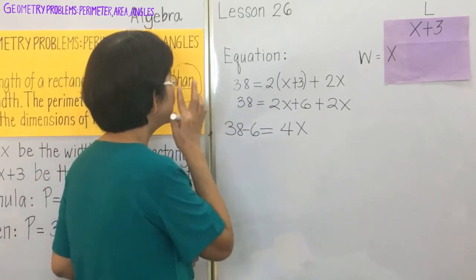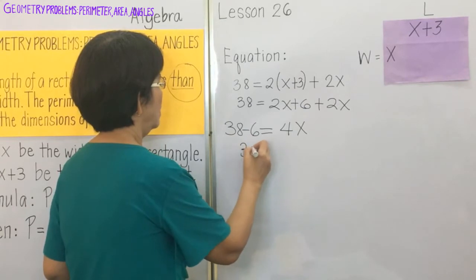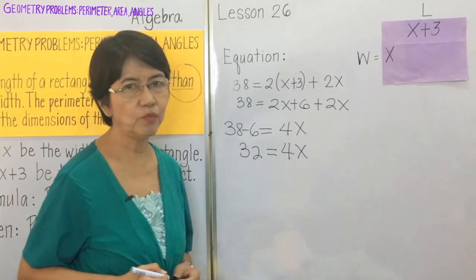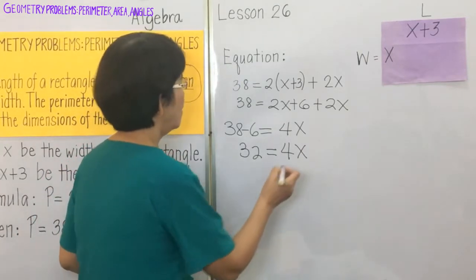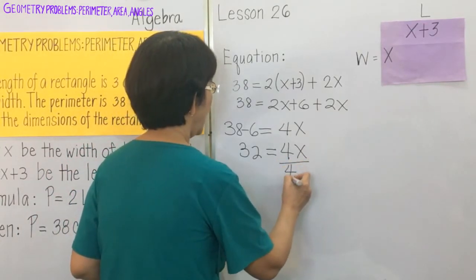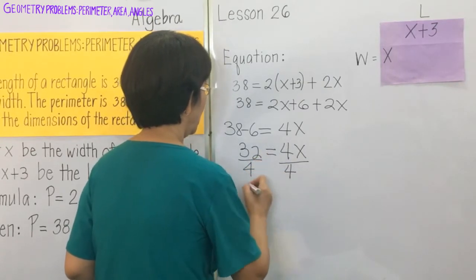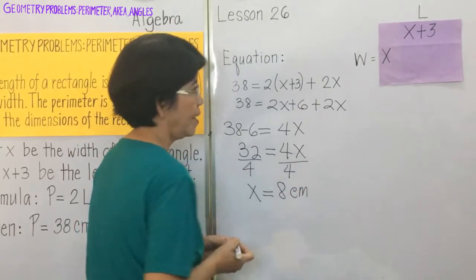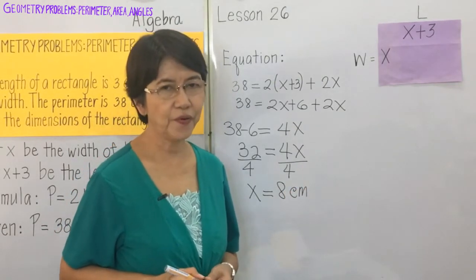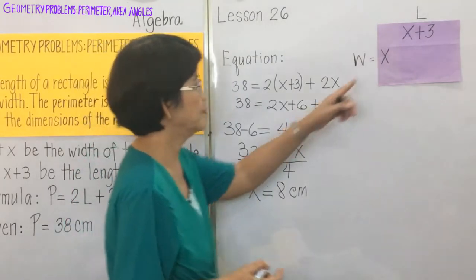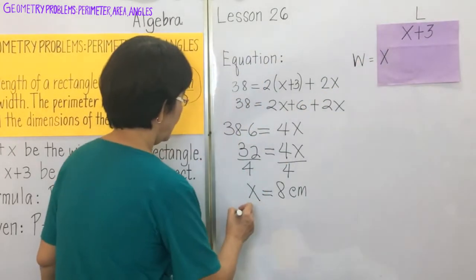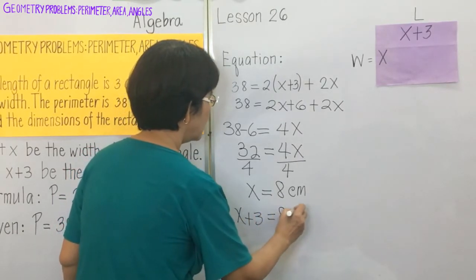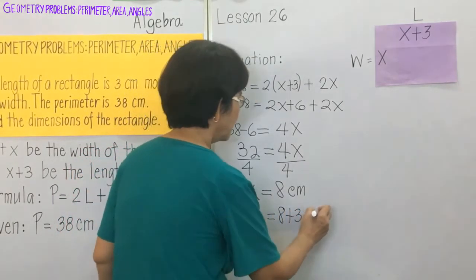And we have 32 equals 4x, and dividing both sides by 4, we have x equals 8, or 8 centimeters. Therefore, our length is x plus 3. So x plus 3 equals 8 plus 3 equals 11 centimeters.